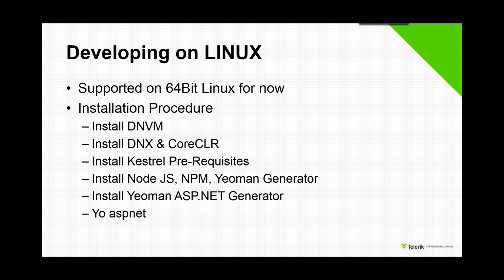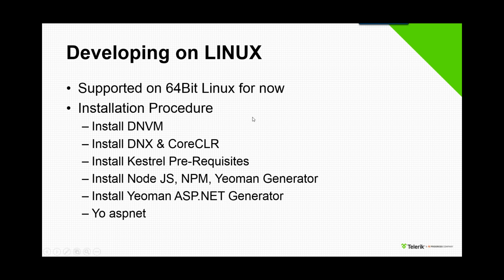So you'll need to install the Yeoman generator, and Yeoman also has a very specific ASP.NET generator. You'll need to install that. And how do you create an ASP.NET application on Linux? Just say yo aspnet, and that's it. It will scaffold an MVC app for you which targets ASP.NET Core 1.0, right? That's as simple as it can get.